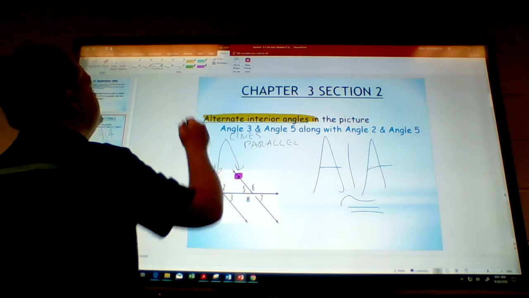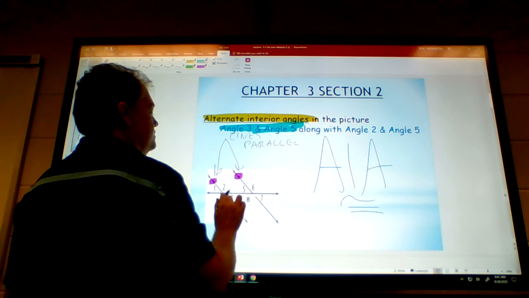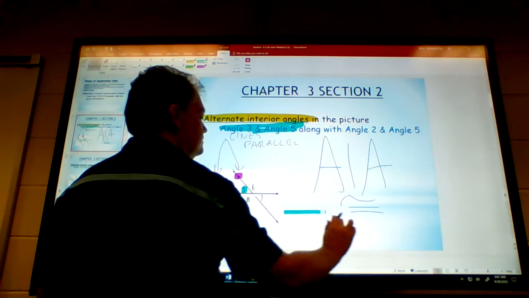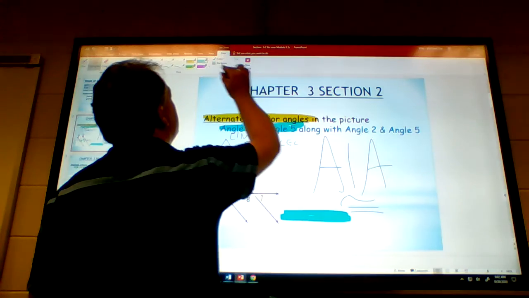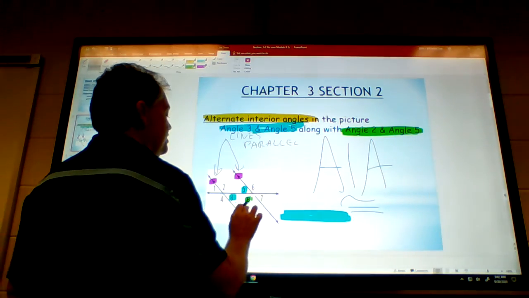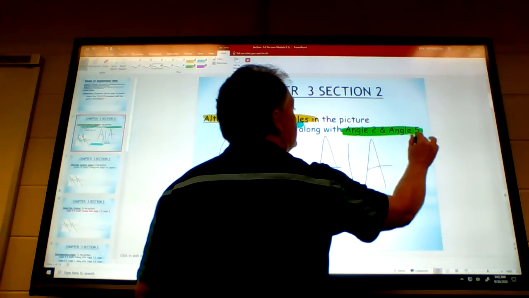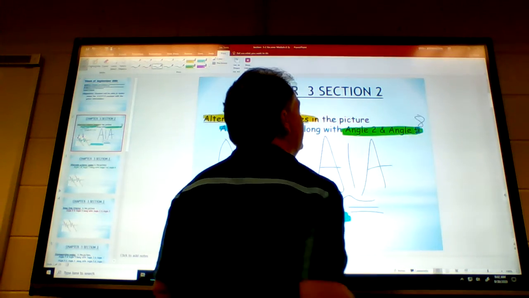That means that, you'll look and you'll see angles 3 and 5, and you will see angles 2. It says 5 over there, but it should say 8. So I'm going to fix that right now. We'll make that angle 8.